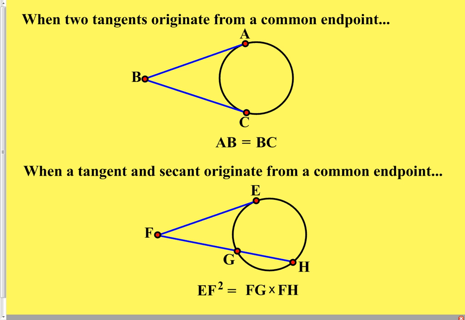It gets that first term from F to G, but then the thing it multiplies by is the entire length from the common endpoint F all the way through the circle to the back side of the circle at point H. People have a little bit of trouble getting this one memorized and applying it correctly, so let's take good care when we're using this formula. That way we won't mess it up.